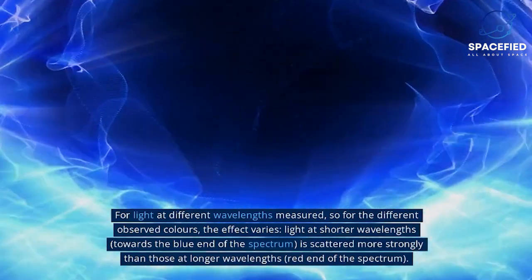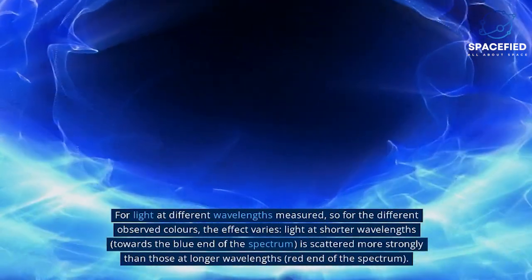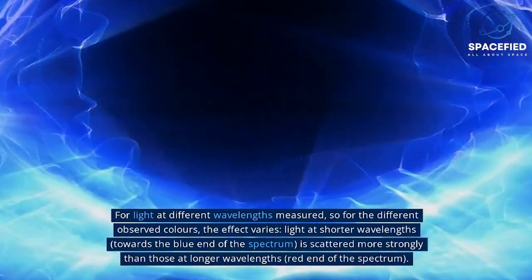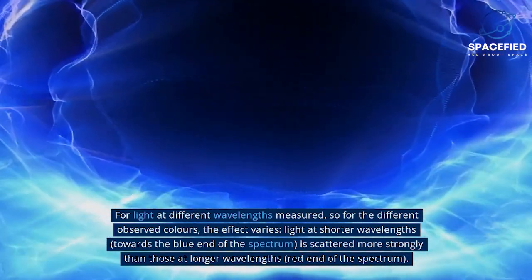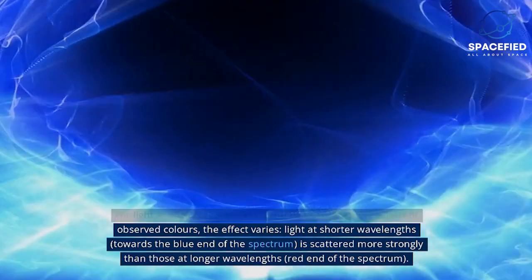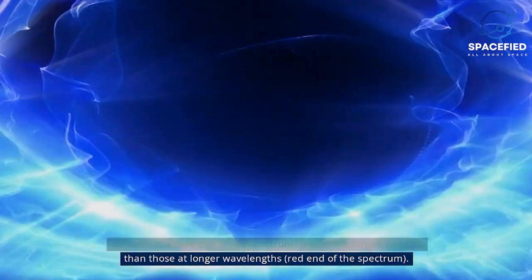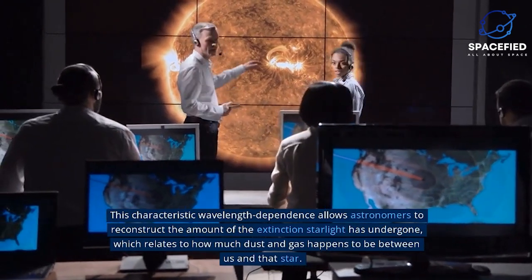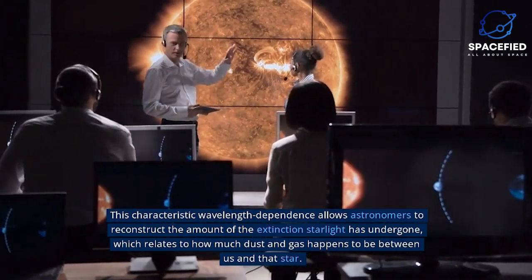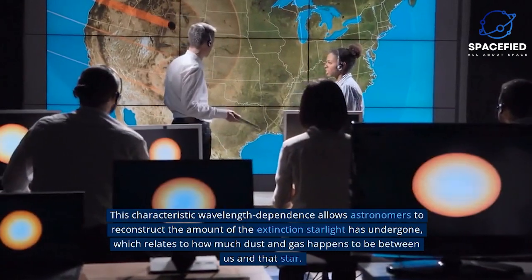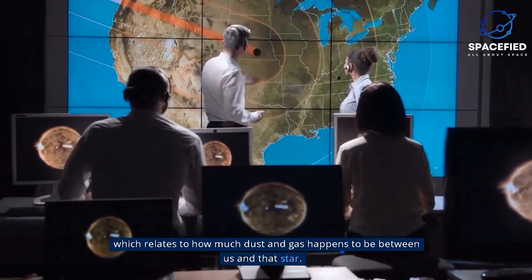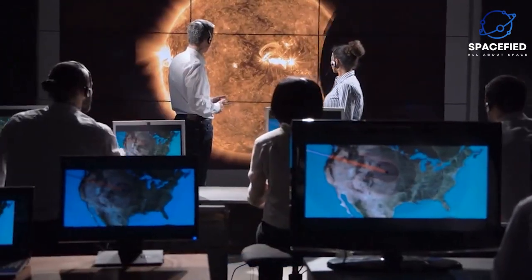For light at different wavelengths, so for the different observed colors, the effect varies. Light at shorter wavelengths, towards the blue end of the spectrum, is scattered more strongly than those at longer wavelengths, the red end of the spectrum. This characteristic wavelength dependence allows astronomers to reconstruct the amount of extinction starlight has undergone, which relates to how much dust and gas happens to be between us and that star.